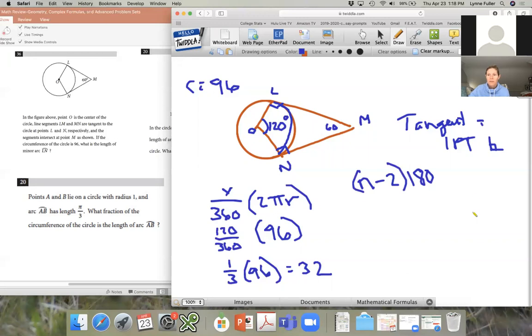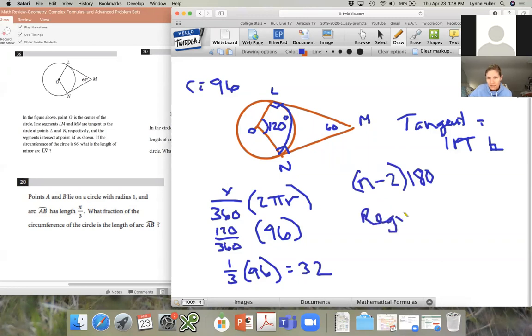That tells you the number of degrees in any shape. So if it's a triangle, 3 sides, 3 minus 2 is 1, 1 times 180, 180. Four-sided shape, square, rectangle, trapezoid, parallelogram: 4 minus 2 is 2, 2 times 180, 360.